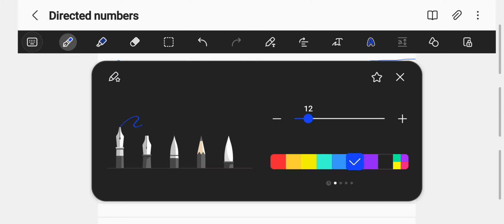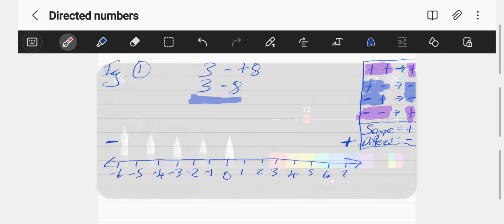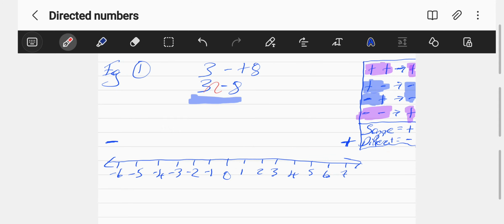So the thing it says here is that we are at 3, right? And we're subtracting 8. So it's 3 minus 8. So what we do, we identify where 3 is on our number line because it's positive 3 and not negative 3. It's of course right here. And when we are subtracting 8, or this is negative 8, it means that we'll go 8 in the negative direction.